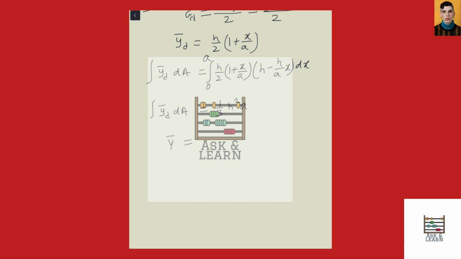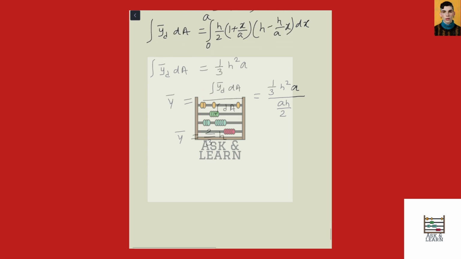Okay, so from here I can write y bar as integration of yd bar into dA upon integration of dA, and integration of yd bar dA I have obtained as 1 by 3 h square multiplied by a, divided by integration of dA, which is ah by 2 from equation 2. So from here y bar is 2 by 3 multiplied by h.